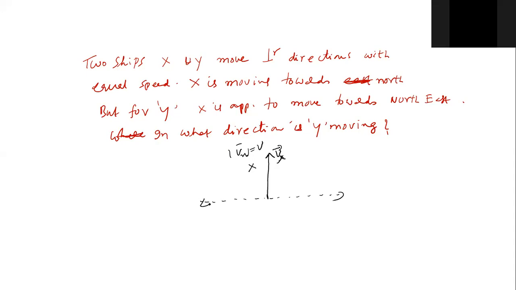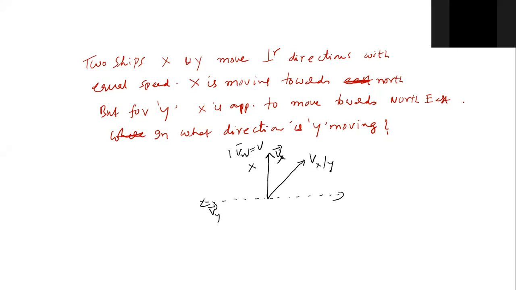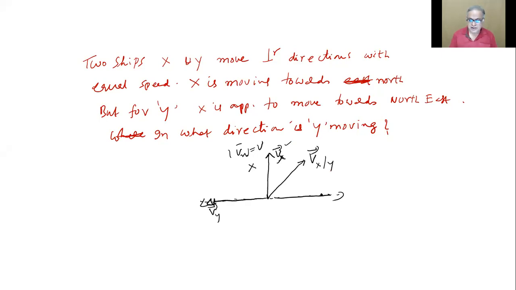No, that is the resultant of the velocity of X and the reverse velocity of Y. This is V of X with respect to Y. If the velocity of Y had been like this, if you reverse it, it will be minus Vy. The resultant of these two will be this. So the actual direction is towards west.